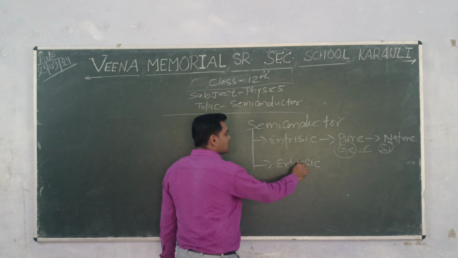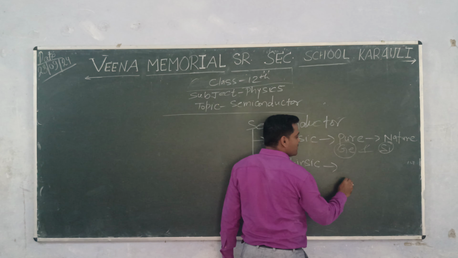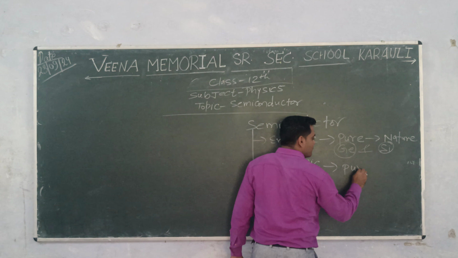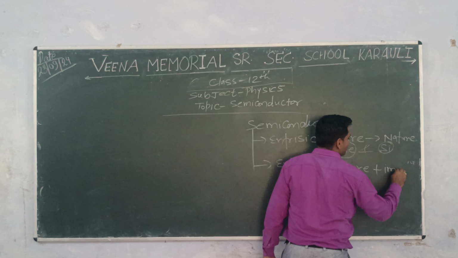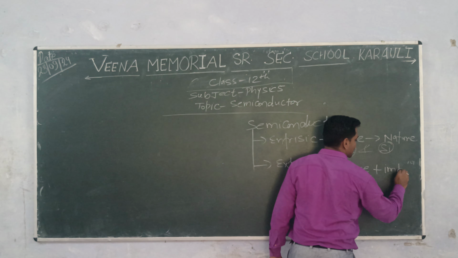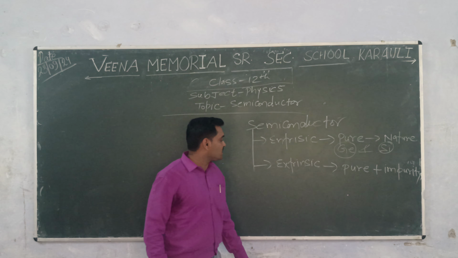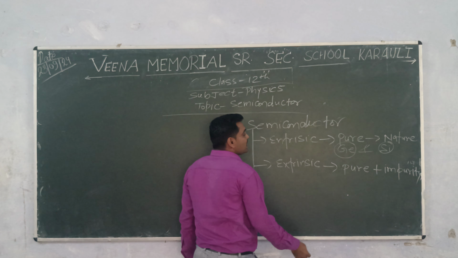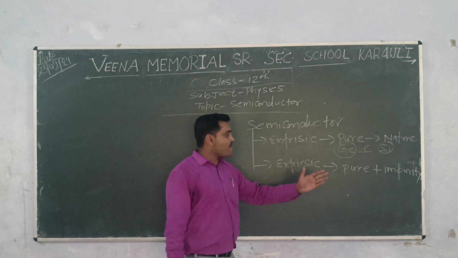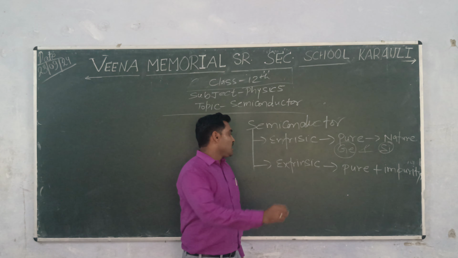But when we discuss the extrinsic semiconductor, it is the mix of pure semiconductor plus impurity. This means that an extrinsic semiconductor is obtained when we mix impurity atoms with an intrinsic semiconductor.